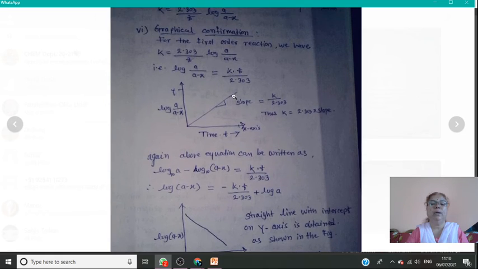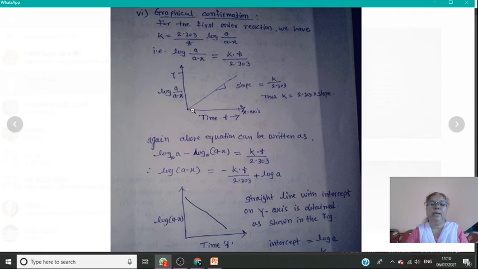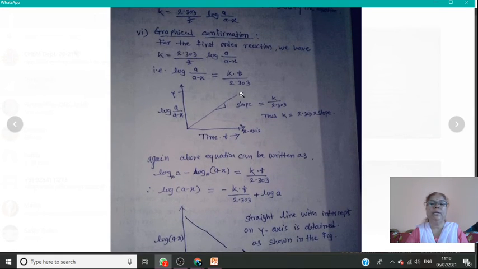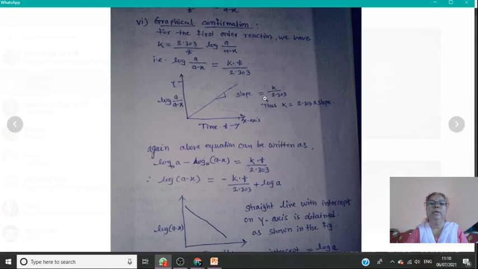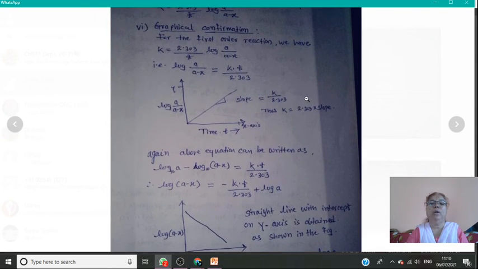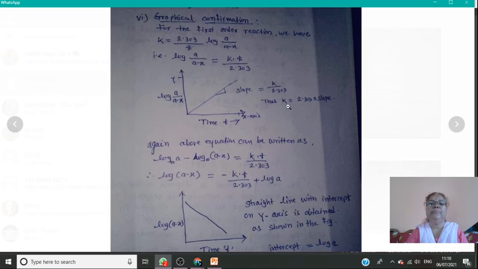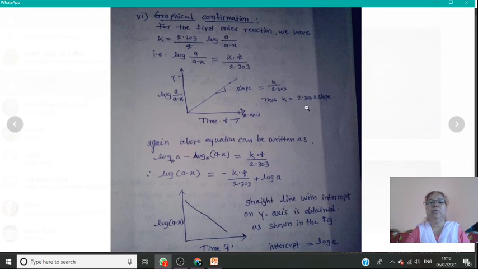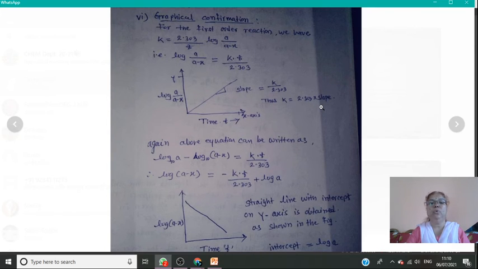Remember the nature of the graph, it is the straight line passing through origin, and the value of slope is equal to k upon 2.303, and we can find k as k is equal to 2.303 into slope.